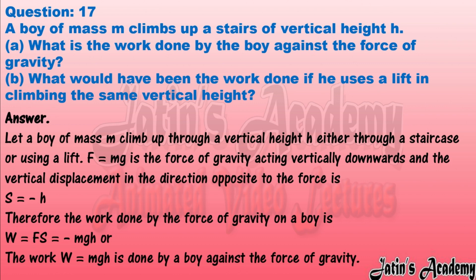F equal to mg is the force of gravity acting vertically downwards and the vertical displacement in the direction opposite to the force is s equal to minus h. Therefore the work done by the force of gravity on the boy is W equal to F times s equal to minus mgh, or the work W equal to mgh is done by the boy against the force of gravity.